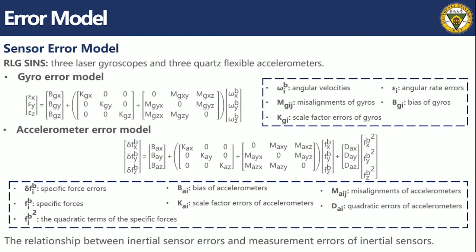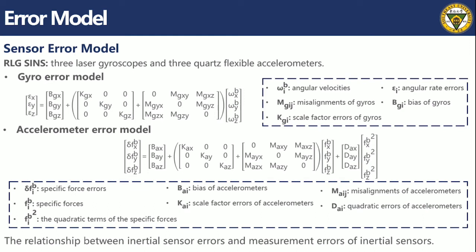The second formula is the accelerometer error model, including bias, scale factor errors, misalignments, and the quadratic errors of accelerometers. This formula uses the sum of the bias, the product of the measured specific forces and the first-order error matrix, and the product of the quadratic terms of the specific forces and the quadratic errors matrix.